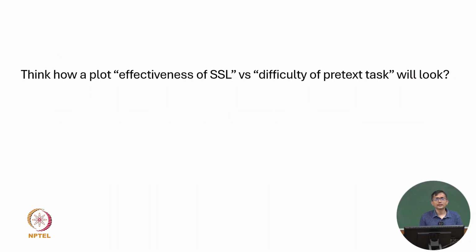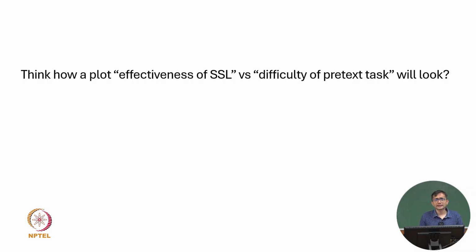Let us try to think about how a plot of effectiveness of the self-supervised learning versus the difficulty of the pretext task will look like. Just now I have told you, right, that generally more difficult means the effectiveness of SSL is also more. Does this mean that we'll see a linear kind of plot?